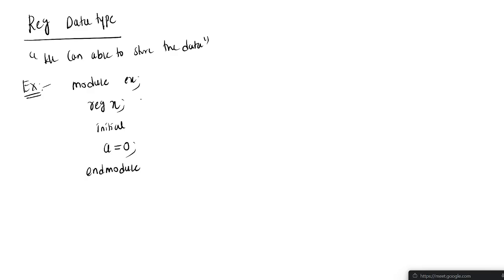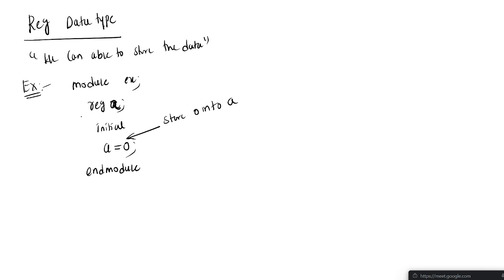So this 0 is there, no? So we can store 0 into a. Why? Because you initialize with this, it is the x, or otherwise you consider it as a. So we can store 0 into a.